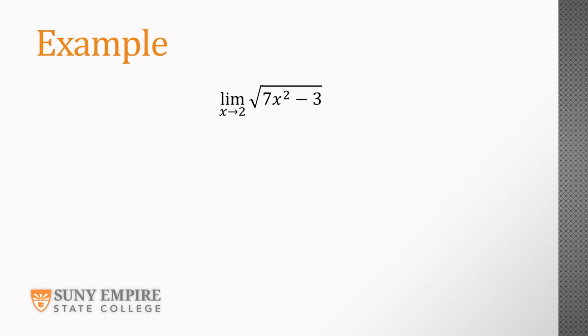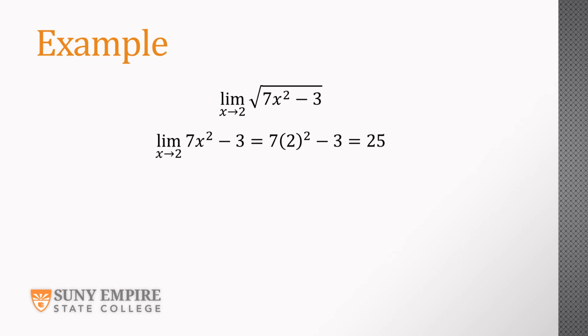Suppose we want to find the limit as x approaches 2 of the square root of the quantity 7x squared minus 3. We recognize this as a composition of functions. We have the square root, and we have the polynomial function underneath the radical. First, we will find the limit as x approaches 2 of the polynomial.